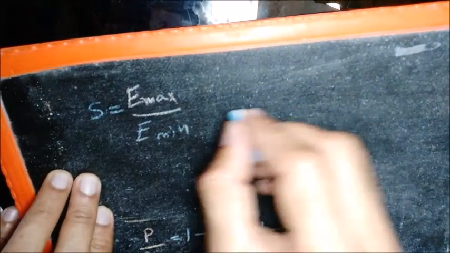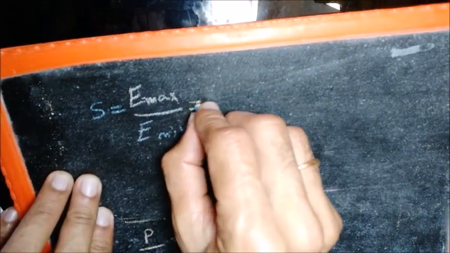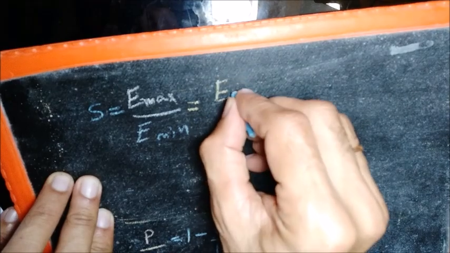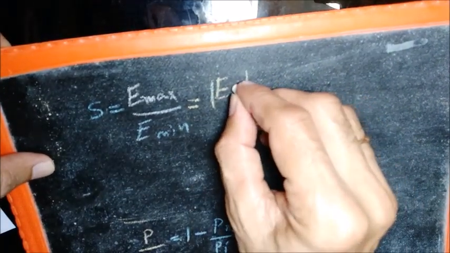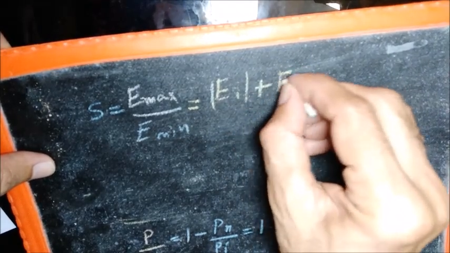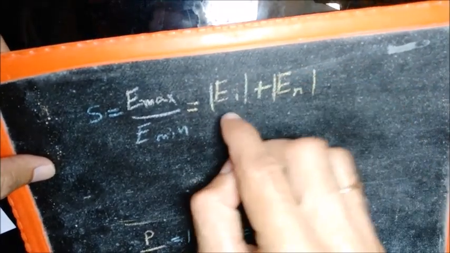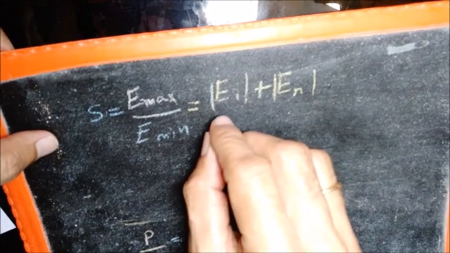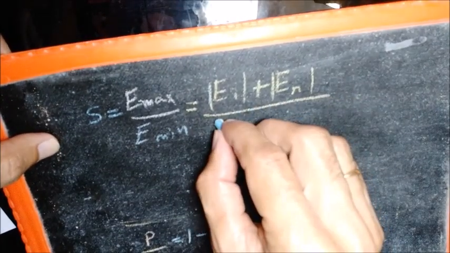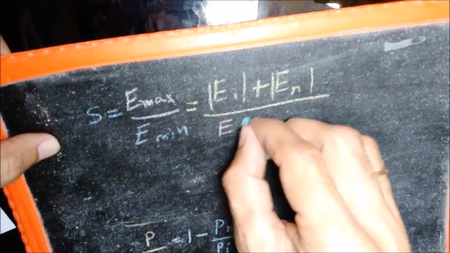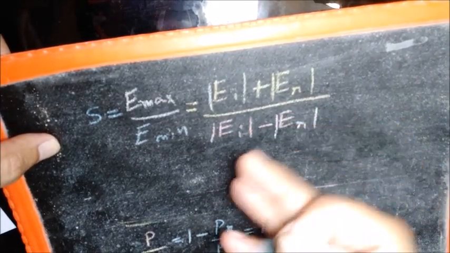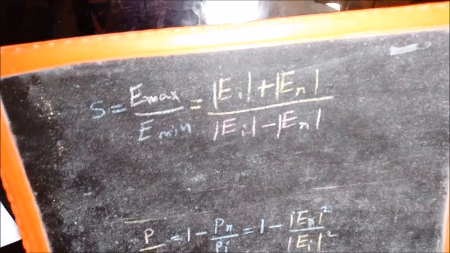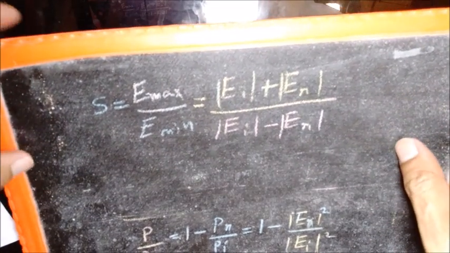S is equal to E max by E min, which is equal to EI, incident voltage amplitude, plus reflected voltage amplitude, adding up in phase, divided by incident minus reflected. That gives E min. So E max by E min is the standing wave ratio.